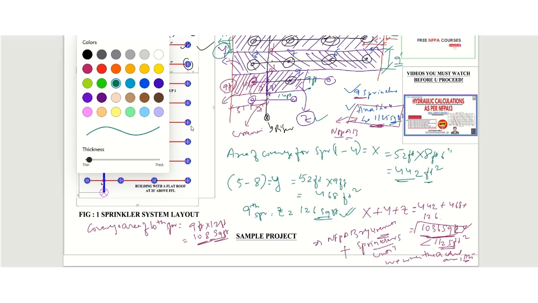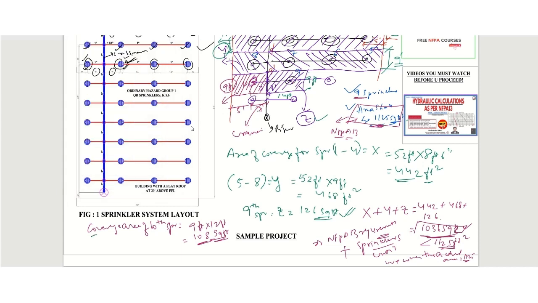So here we will add the coverage area of the 10th sprinkler, 108, with this 1036 square feet, which we got by considering 9 sprinklers. This is for the 10th sprinkler.